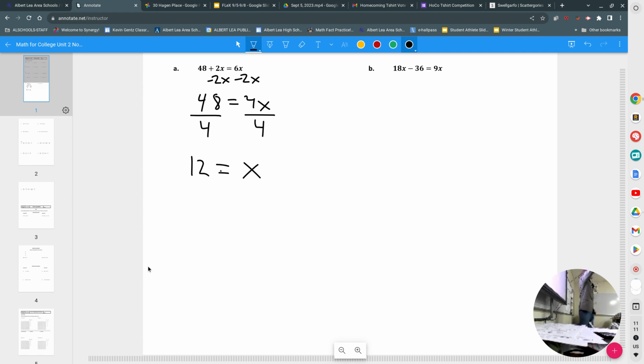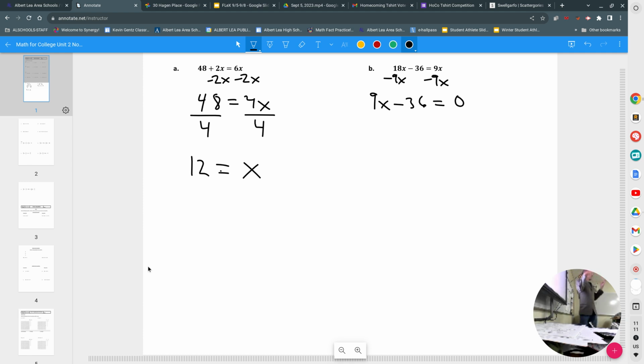If you are a person who says, I always want my x's on my left-hand side, go ahead and move the 9x over. And you get 9x minus 36 is equal to 0.